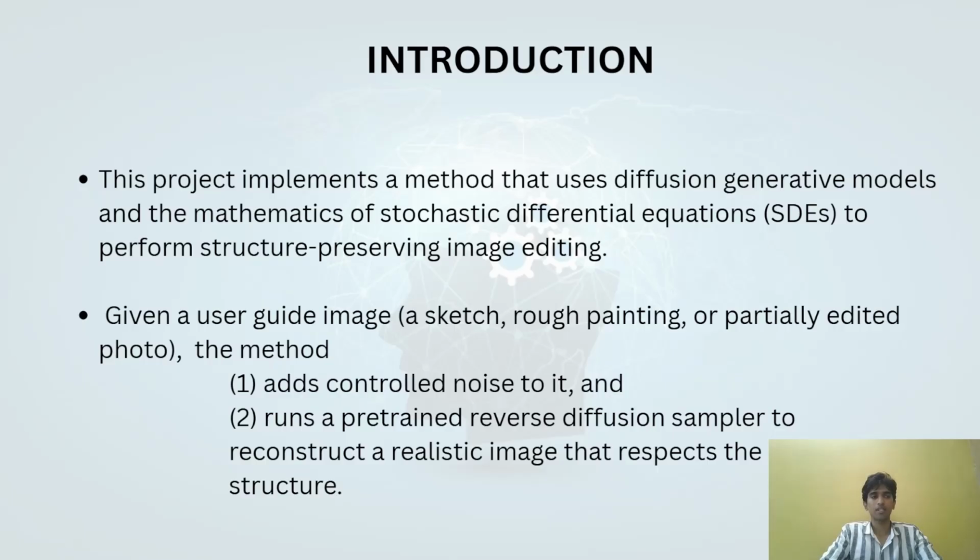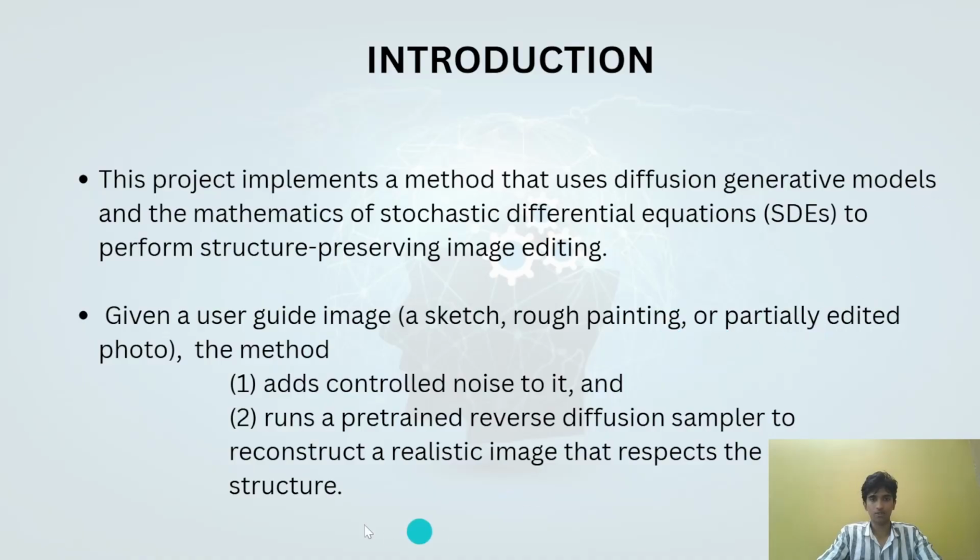So what I did in this project is I have used diffusion generative models and the mathematics of SDEs to perform image editing. As I said, I gave the model a rough sketch, and it finally would give me a proper realistic image constructed from it. I've just written whatever I explained.